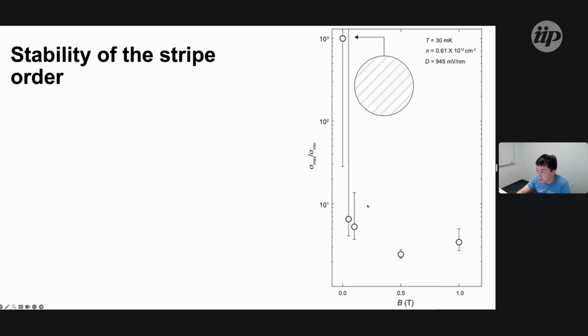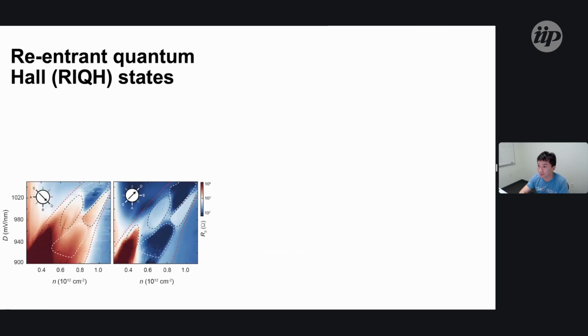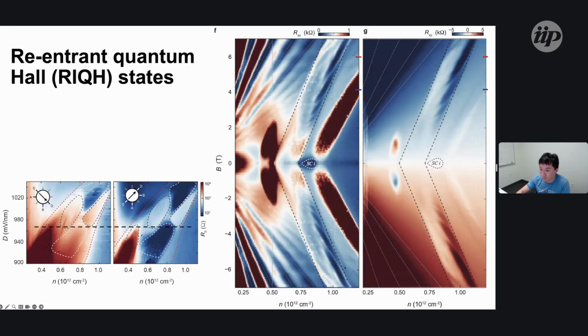This transition itself is very interesting, and it turns out that once you turn on a perpendicular magnetic field, it behaves very differently. To see what happens, we'll take a line cut across this line, cutting through a little bit of the superconductor, but also some of these pockets.